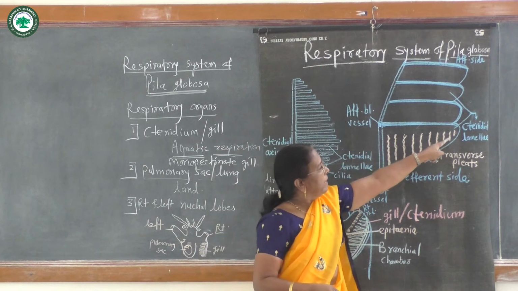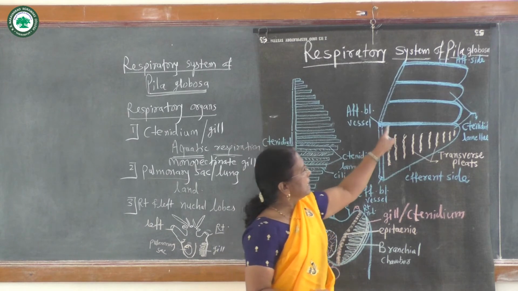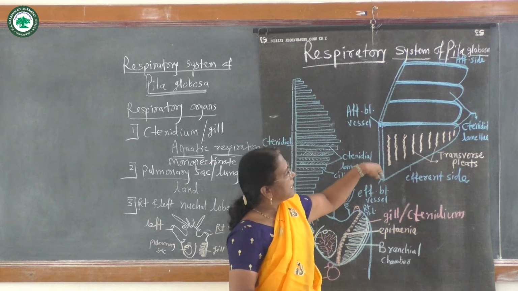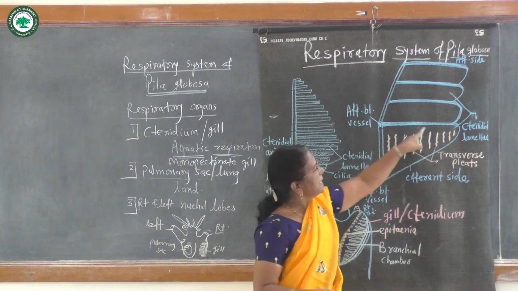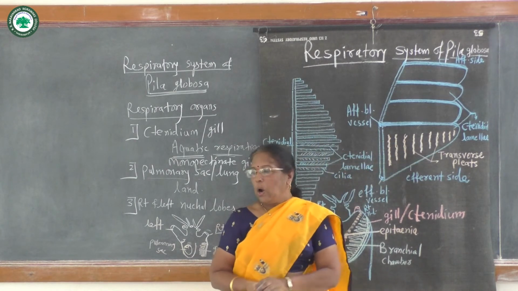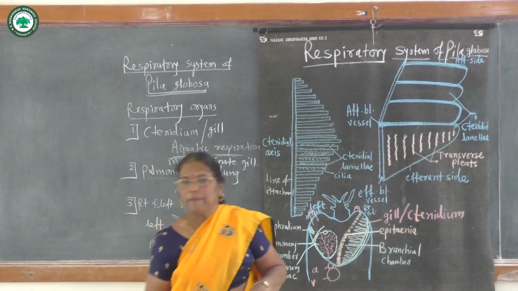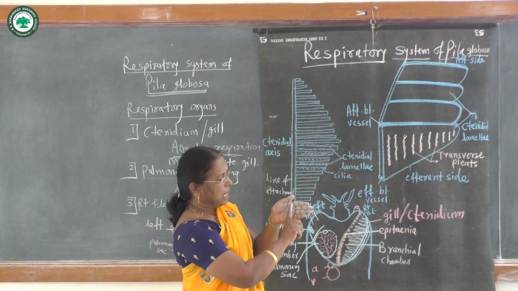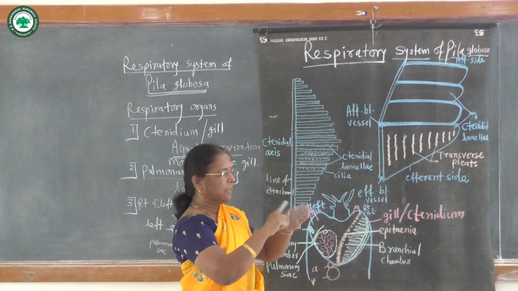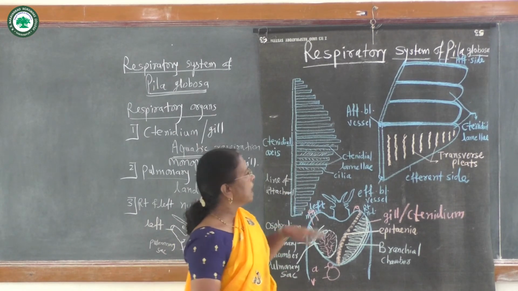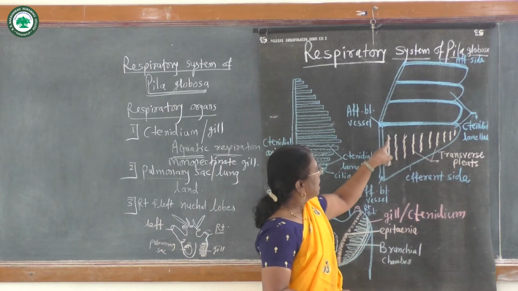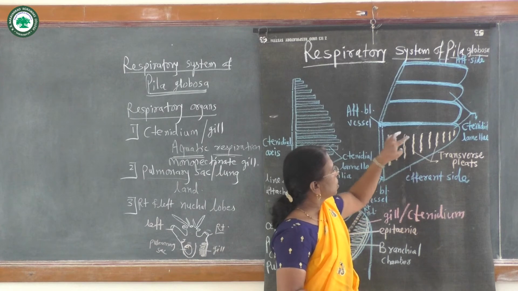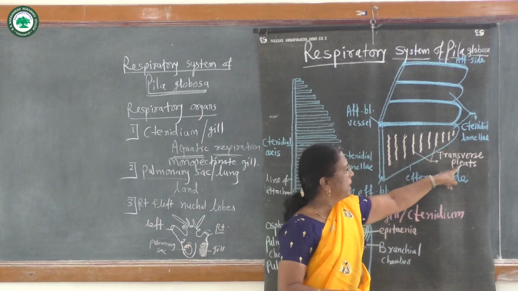Each lamella, or leaflet, on both its anterior and posterior surfaces is provided with transverse ridges or grooves, called pleats.